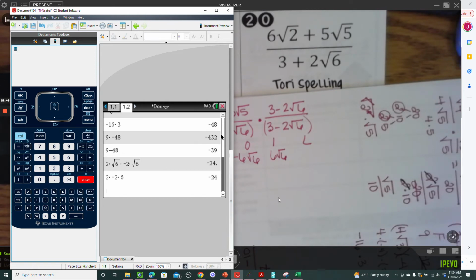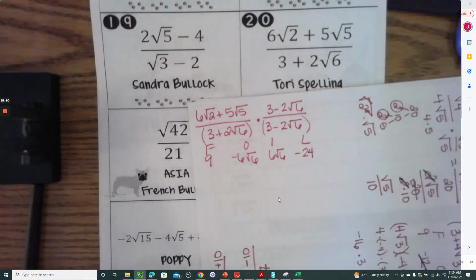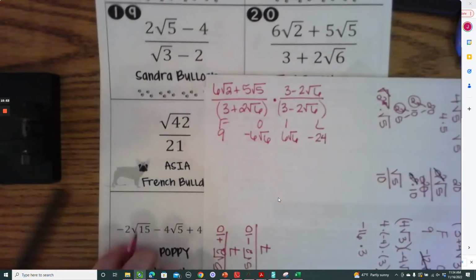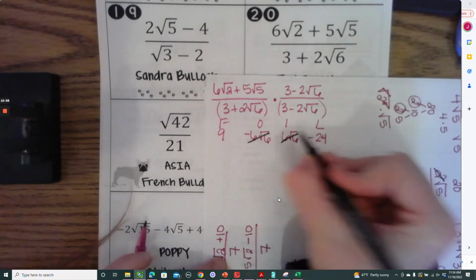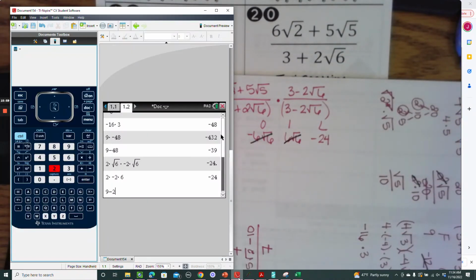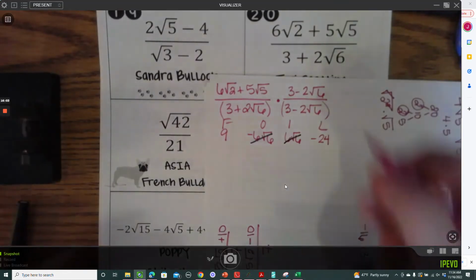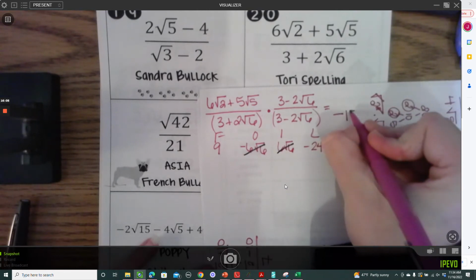Okay? And your eyes will start to see it a little bit better. If you need to write down the steps, write down the steps. All right, so this and this cancel. And then we're left with 9 minus 24. So my bottom is a negative 15.